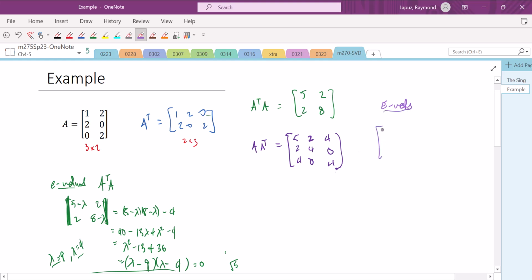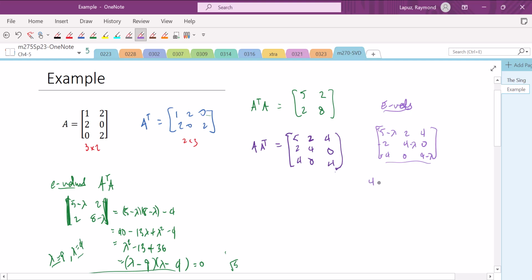So we'll take a look at 5 minus lambda, 2, 4, 2, 4 minus lambda, 0, 4, 0, 4 minus lambda. Let's see. So a characteristic polynomial is going to be a little bit messy. Let's try expanding on the last row. So this is a plus minus plus.